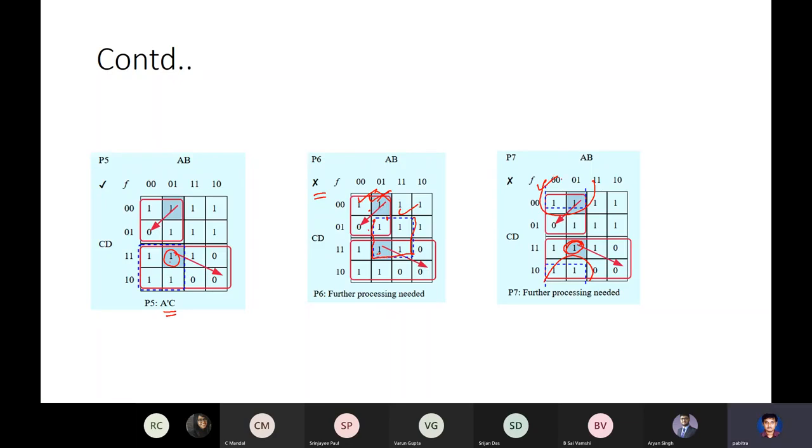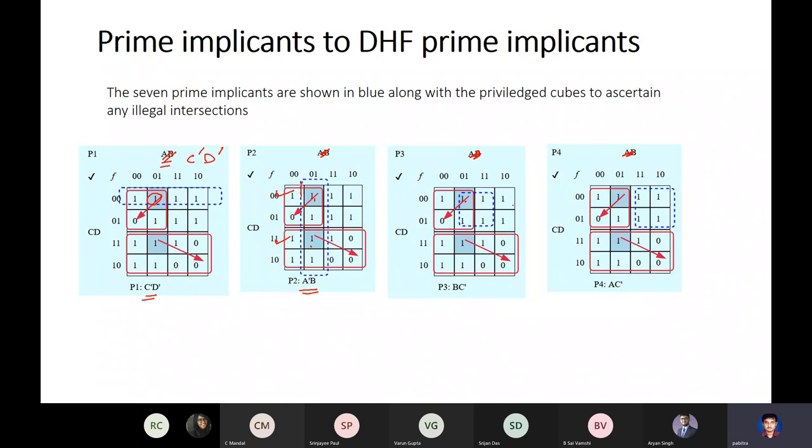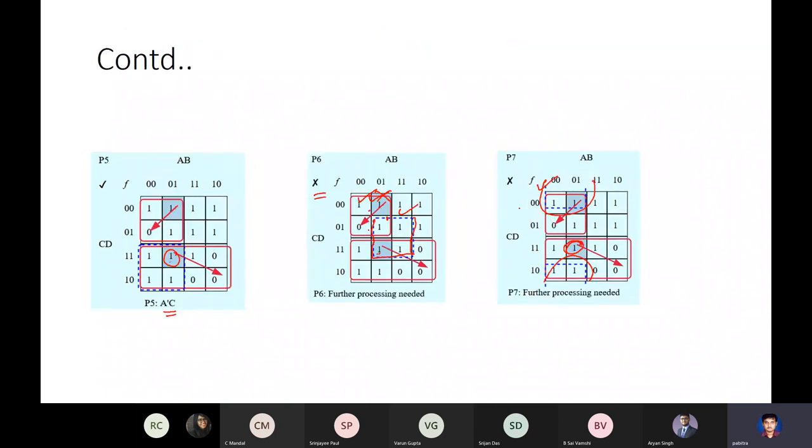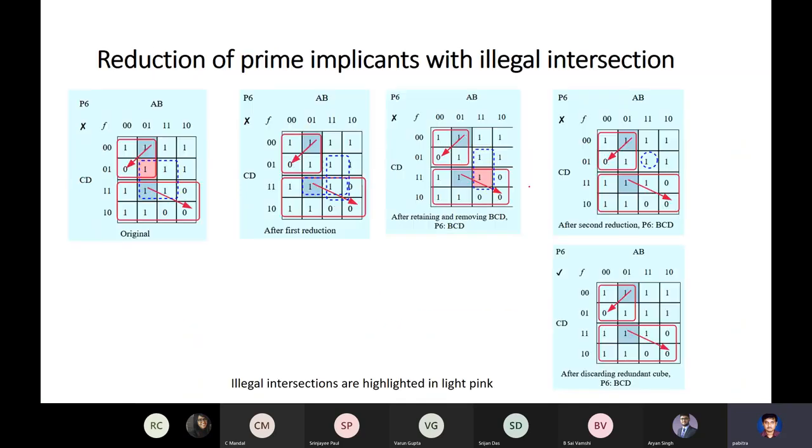Note that all these previous prime implicants that we had, P1, P2, P3, P4, are already DHF. They are hazard free. But these two are not hazard free. So what we will do is change them so that they are hazard free. This is one not hazard free. An illegal intersection is there.